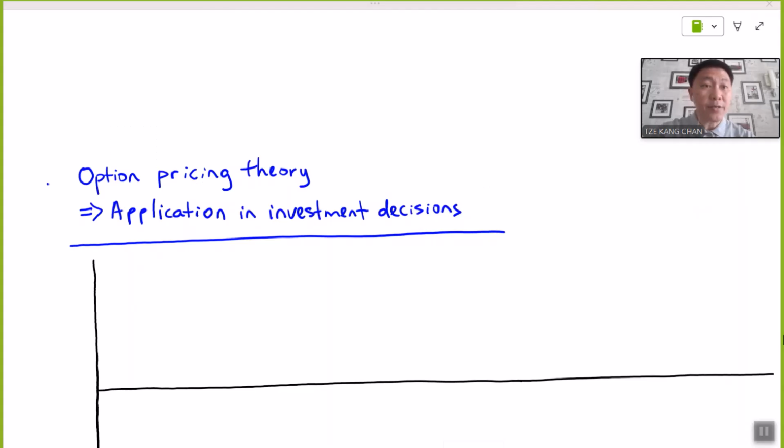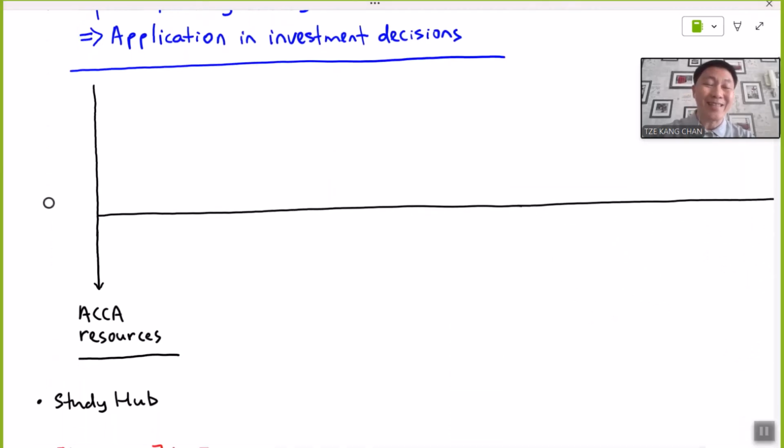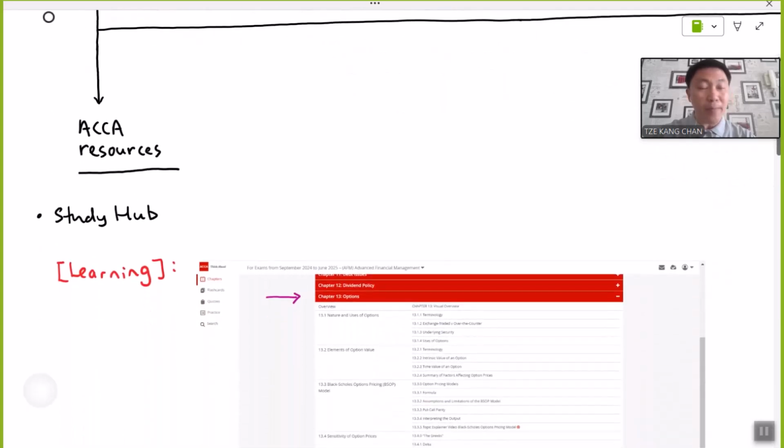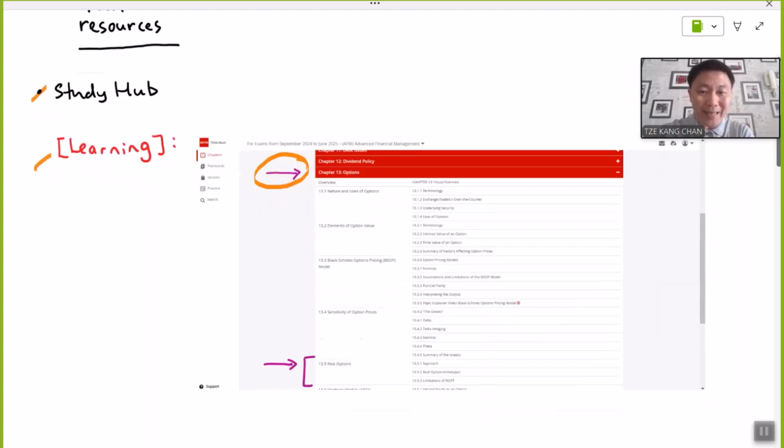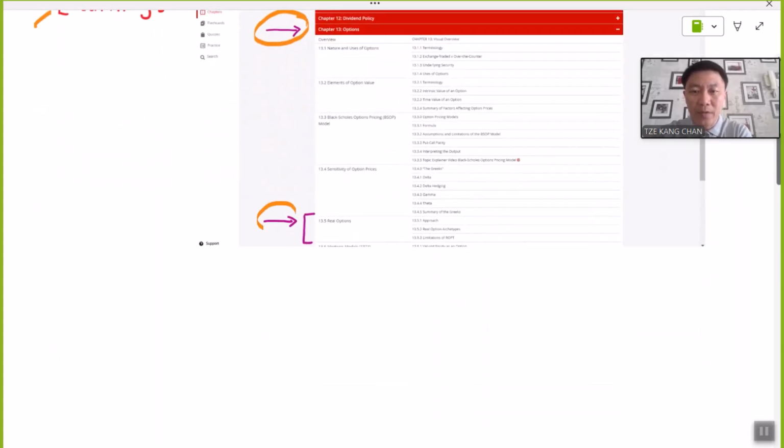The discussions in this topic explainer pertaining to options pricing theory will mainly refer to ACCA resources, primarily the study hub. For learning purposes, you are advised to spend some time going through chapter 13, in particular section 13.5.